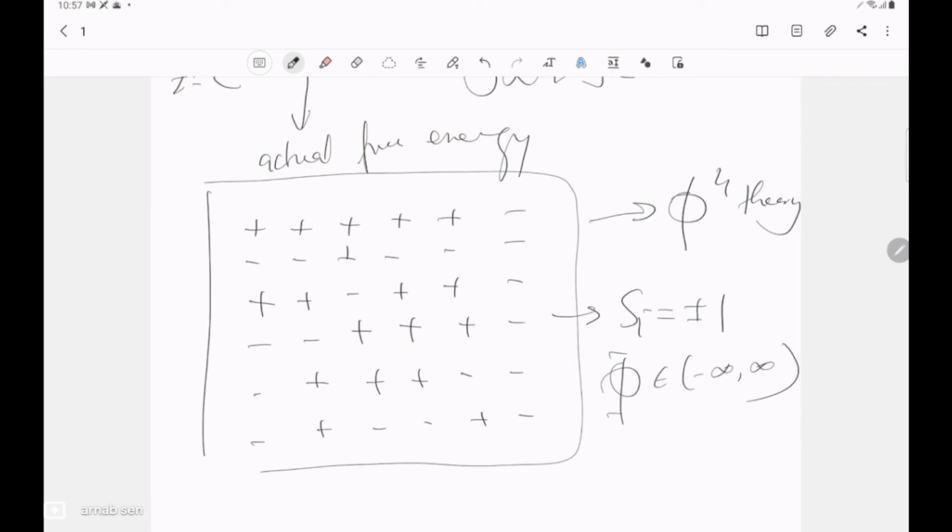Sir, phi-four theory is a self-interacting theory, right? I don't know the meaning of self-interaction, but it's an interacting theory.